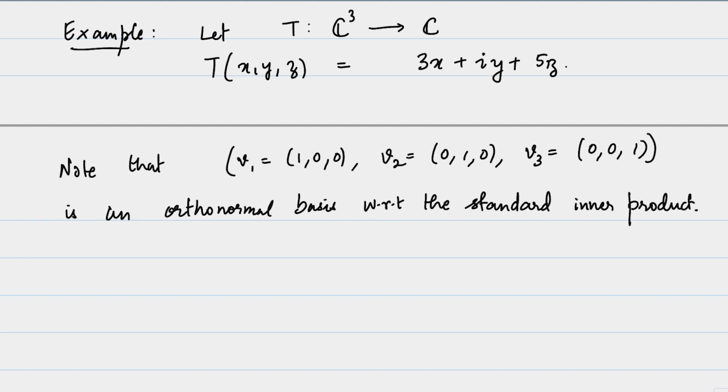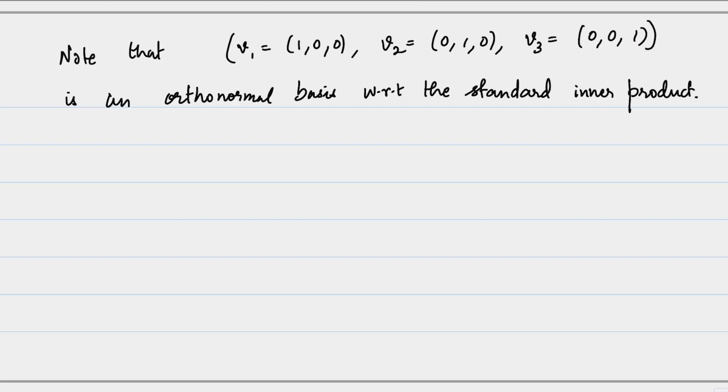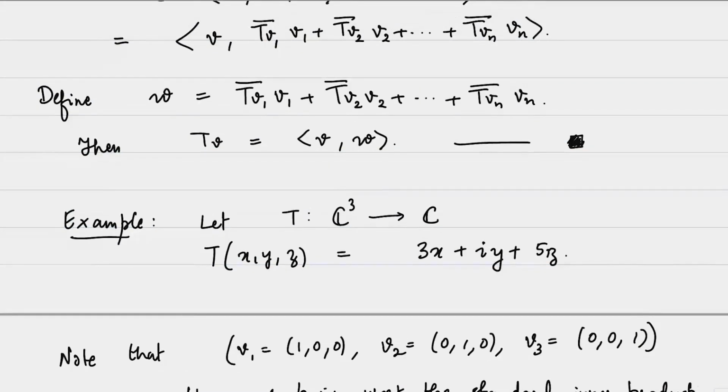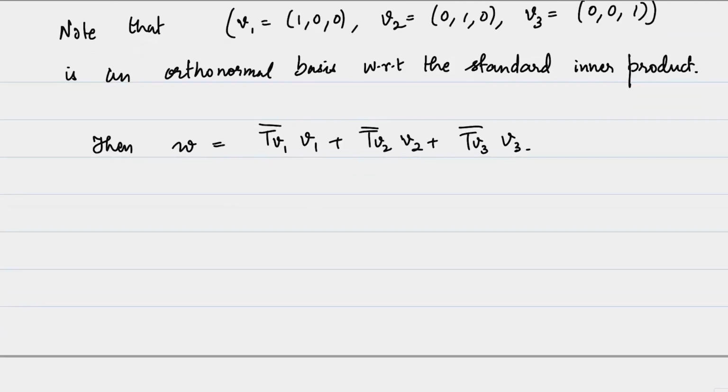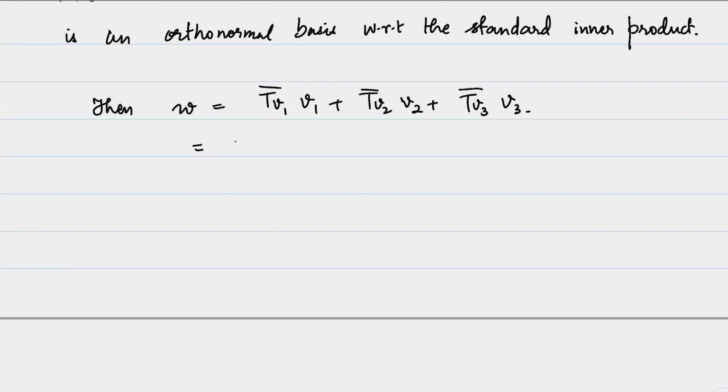But then if you look at the candidate for W, what is our W? W is just equal to T V1 bar V1 plus T V2 bar V2 plus T V3 bar V3. And what is T V1? T of 1, 0, 0. T, if you recall, was 3x plus iy plus 5z. So T of V1 bar is 3 bar times V1, which is 1, 0, 0.